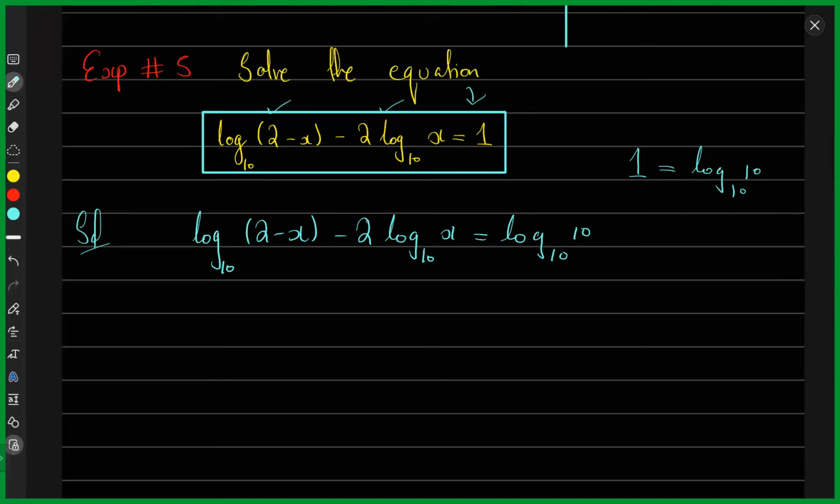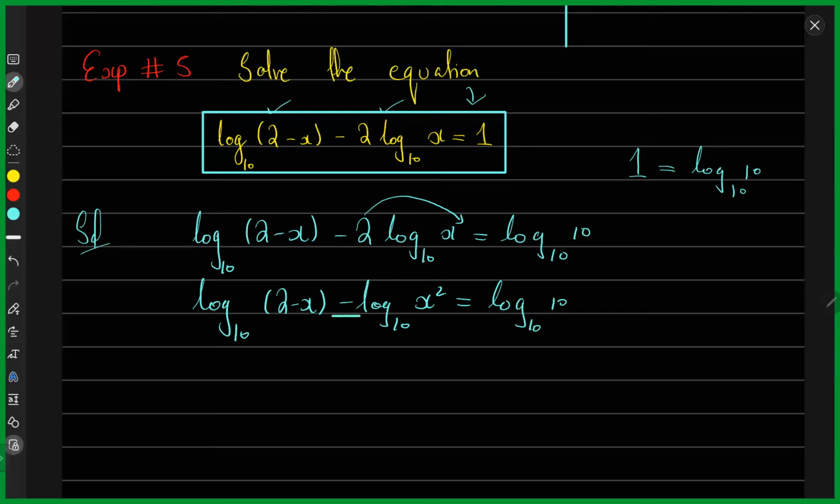Then I can just take this 2 over here in the power of x and I would get log base 10 of (2 minus x) minus log base 10 of x squared equals log base 10 of 10. Next, I have a difference here.